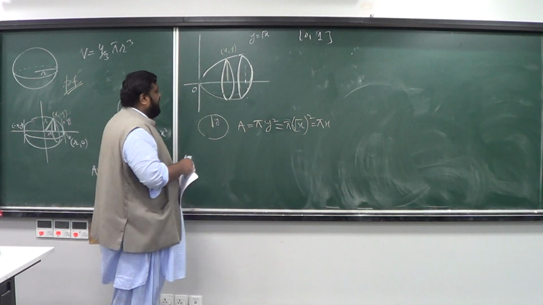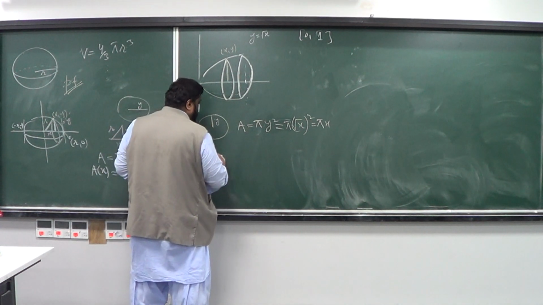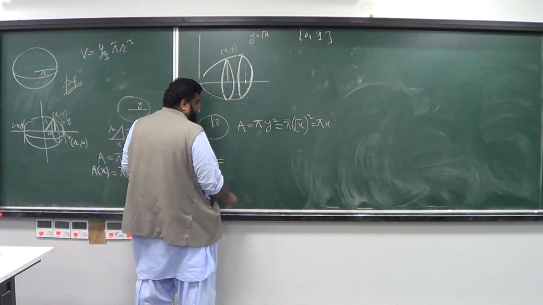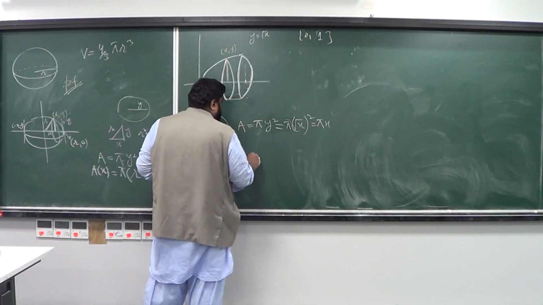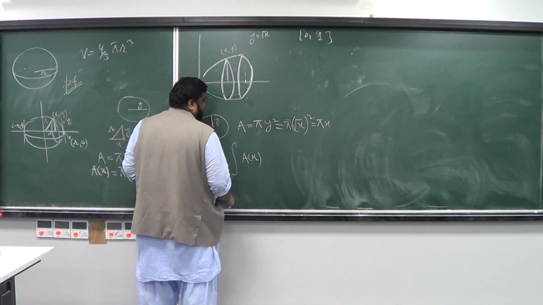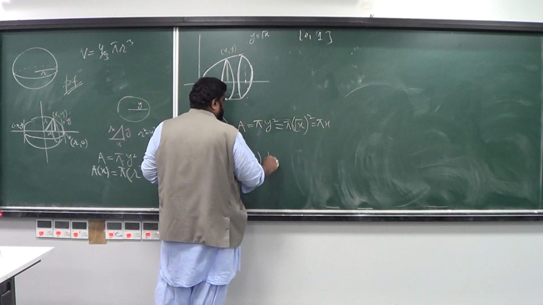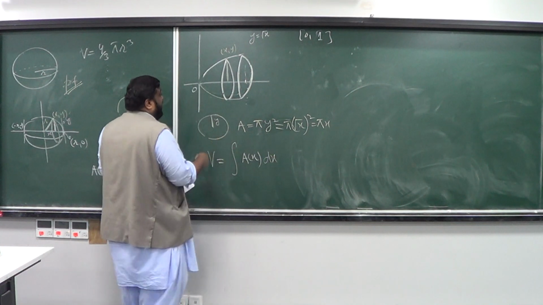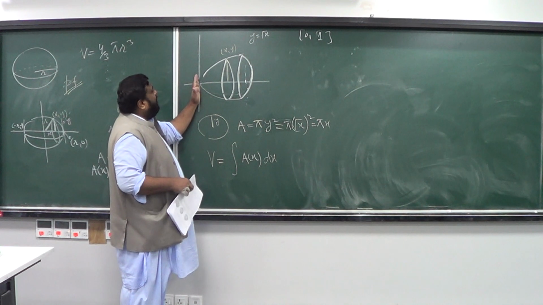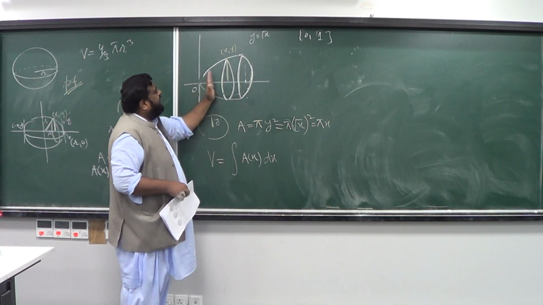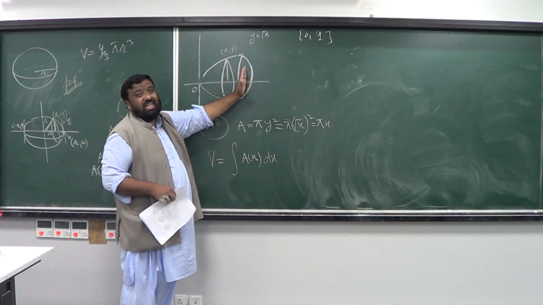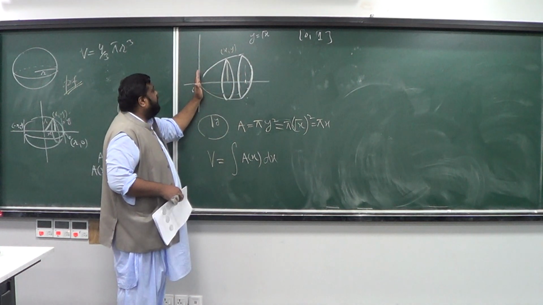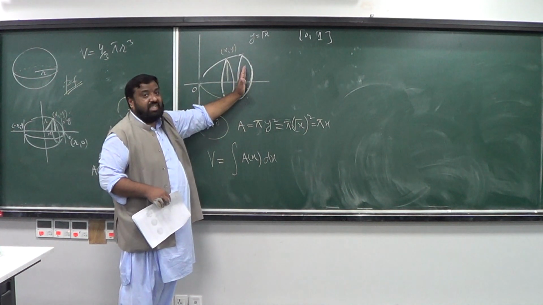Once you have it, in order to compute the volume, just integrate. Take this A of x and integrate it with respect to dx, from the point where the picture starts to the point where it ends. The picture starts from x equal to 0 and it ends at x equal to 1.